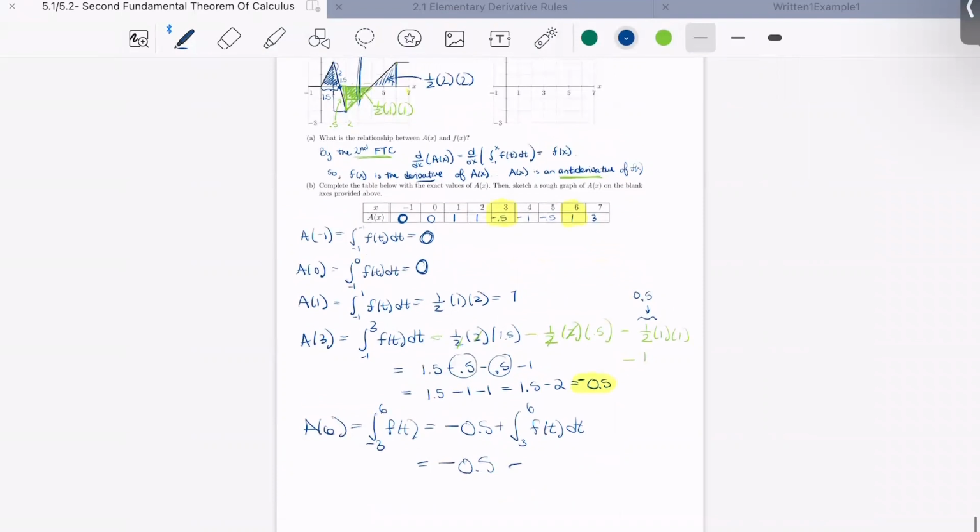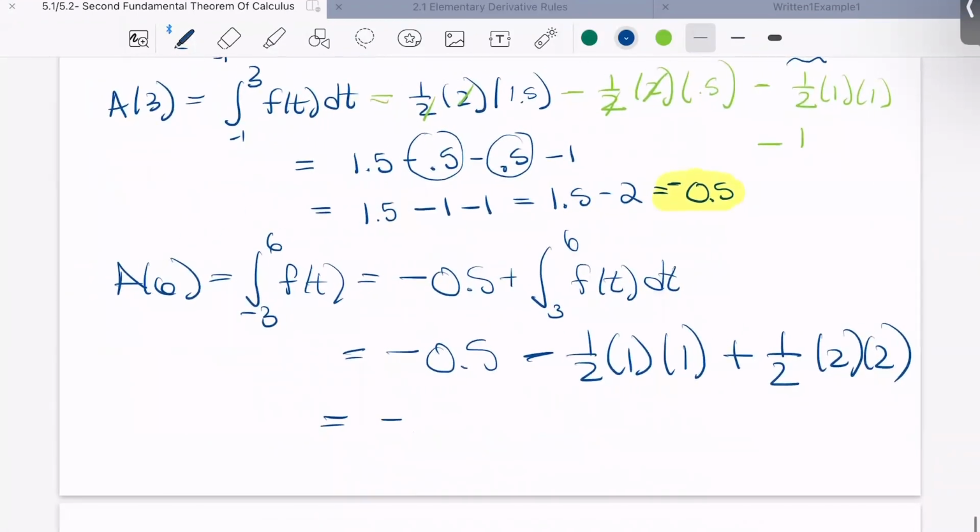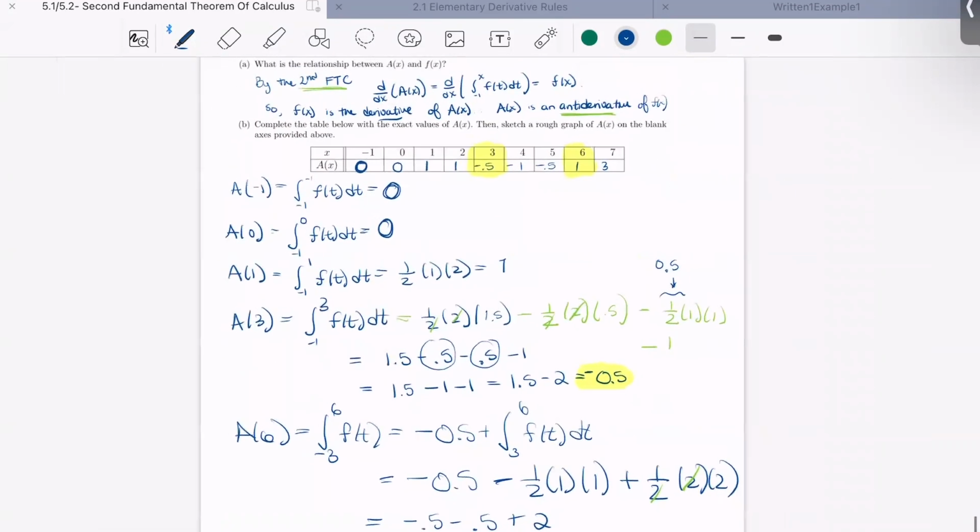We're going to subtract that 1/2 times 1 times 1, that little triangle, and add the blue triangle, 1/2 times 2 by 2. So for that, simplifying things here, we get negative 0.5 minus 0.5 plus, cancel out a 2 and a 1/2, plus 2, which just becomes negative 1 plus 2, which becomes 1. So we should get that A of 6 is 1.